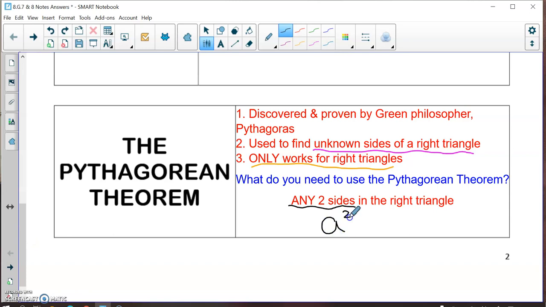The formula is a squared plus b squared is equal to c squared, where a and b represent the legs of your right triangle, and since addition is commutative, it does not matter what order your legs go in, but your c, the one that's isolated, is always your hypotenuse, your longest side on your right triangle. So let's get started.